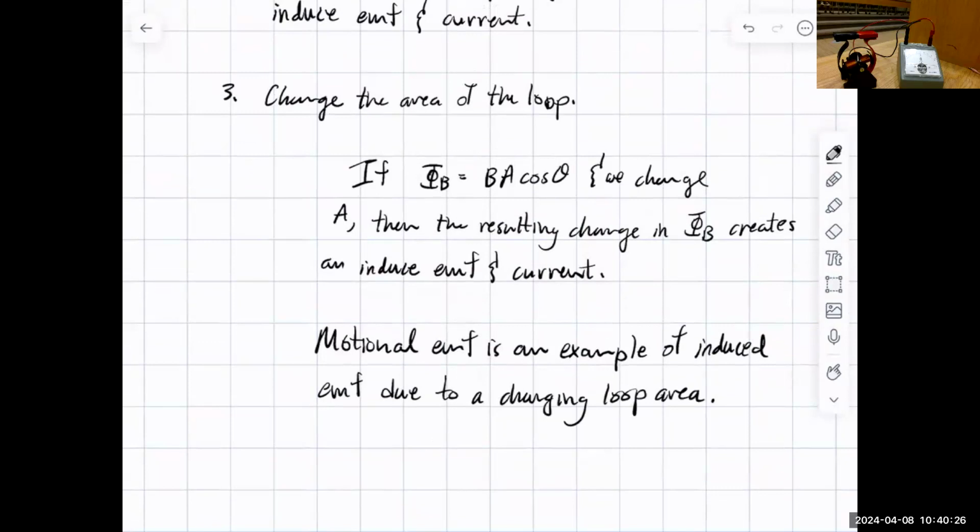So the last thing we have to do for our discussion of Faraday's law is to try to understand what are going to be the directions of the voltage difference that's created, the induced EMF, and the resulting current that flows.